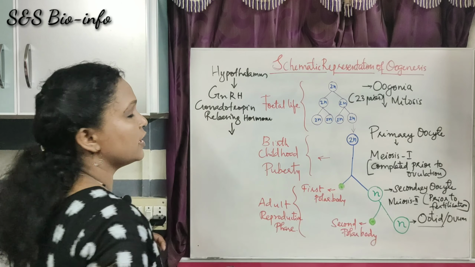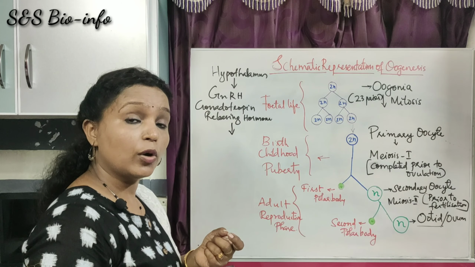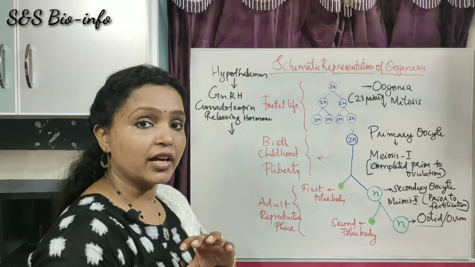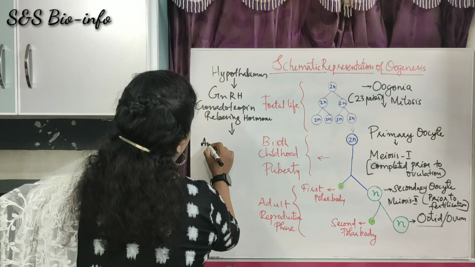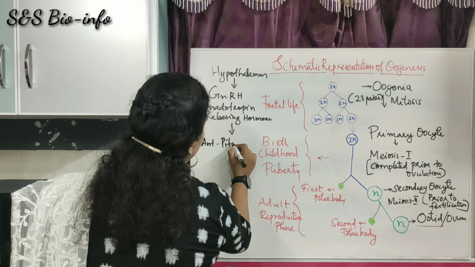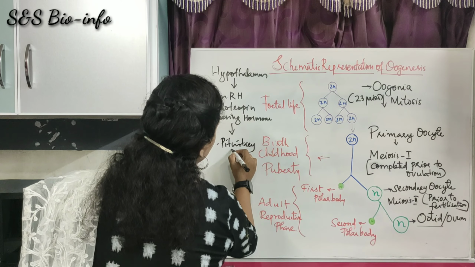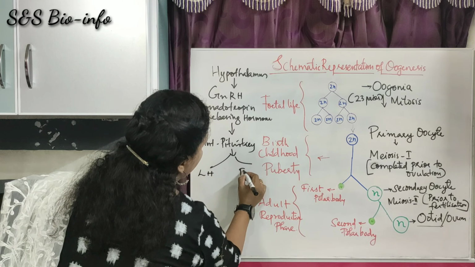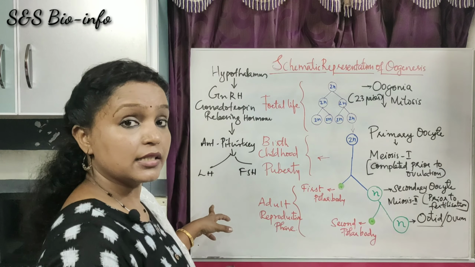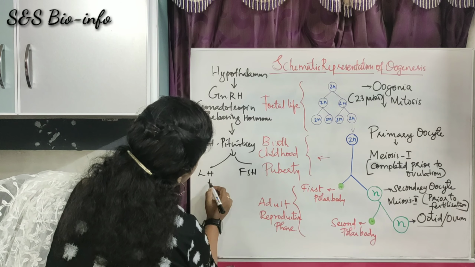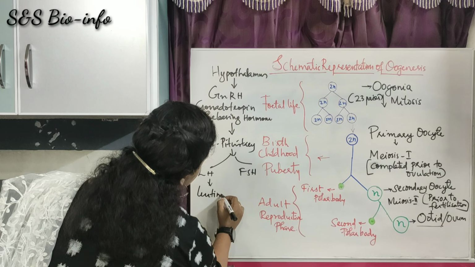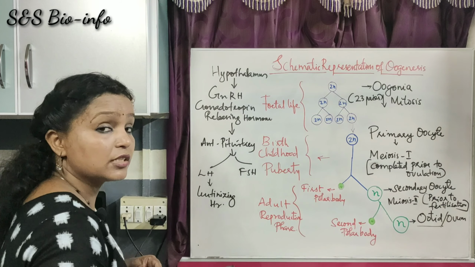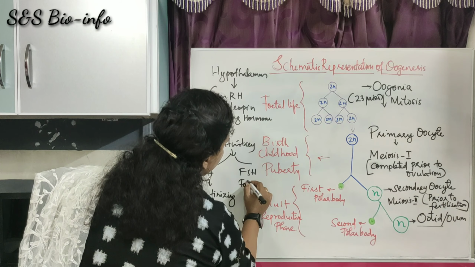This GnRH stimulates the anterior lobe of the pituitary to release two hormones, LH and FSH. LH is the luteinizing hormone, while FSH is the follicle stimulating hormone.